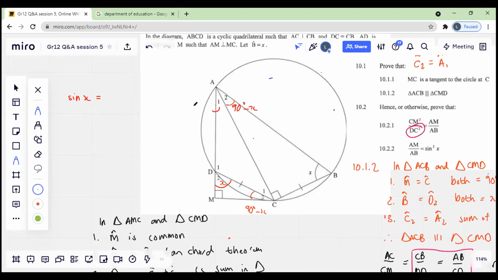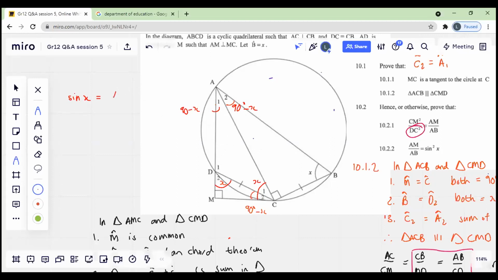This one over here was also 90 minus X, which means that this entire angle over here is equal to X. Okay, so if I work in this big triangle, AMC, sine X is going to be opposite AM over adjacent AC.